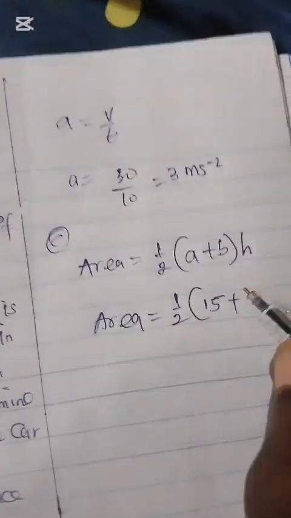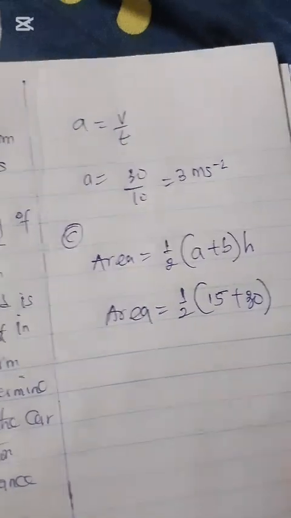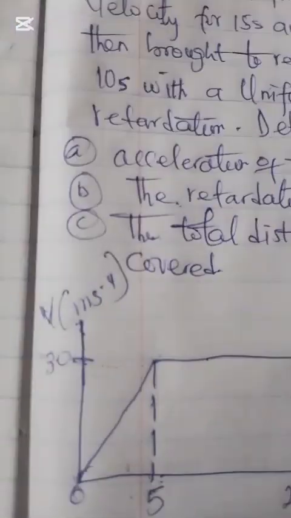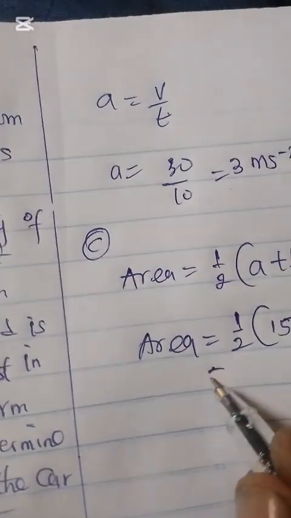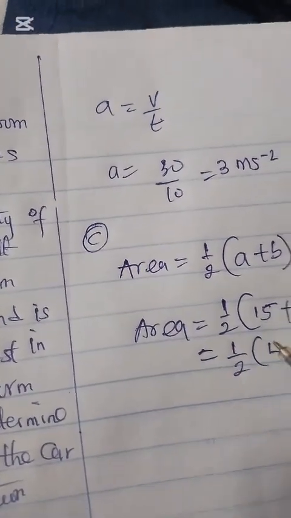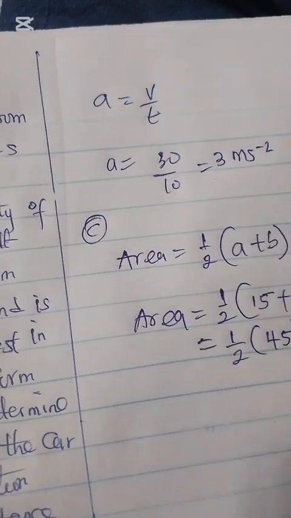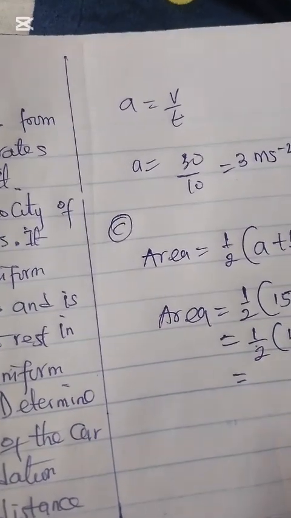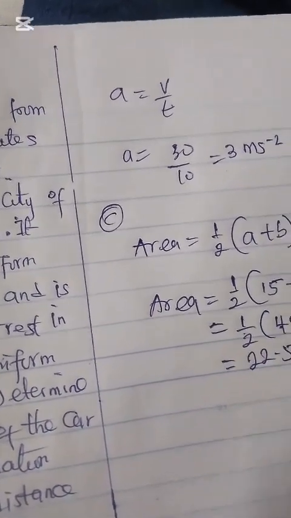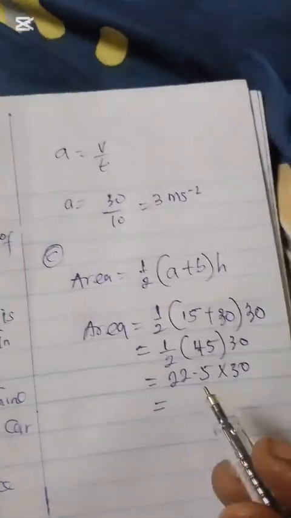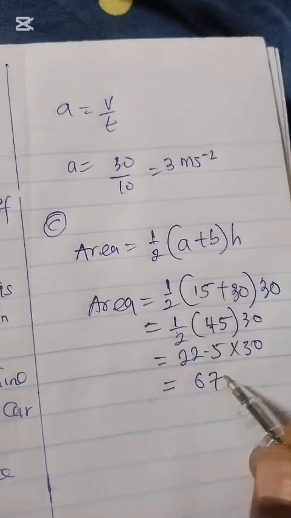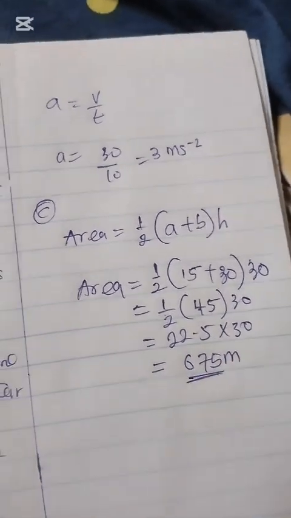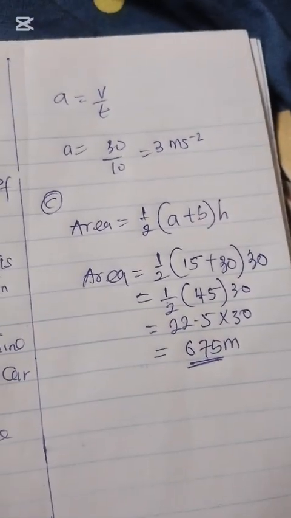Plus b, which is the other side, which is 30. Then the height of the object is the velocity, and the velocity here is 30 as well. So if you simplify this, you have 1 over 2 bracket 45, then 30, which gives us 22.5 times 30. If you multiply 22.5 with 30, we have 675 meters, and that is the total distance traveled by the car.